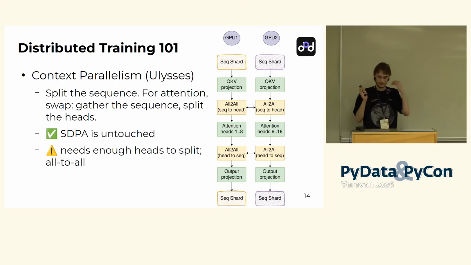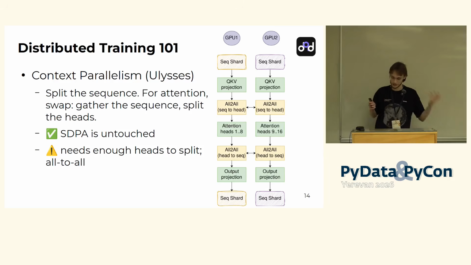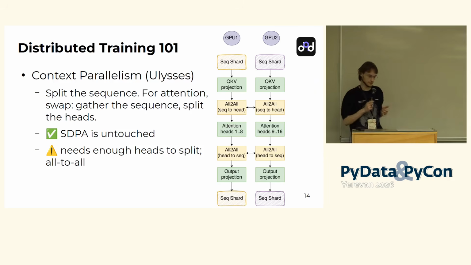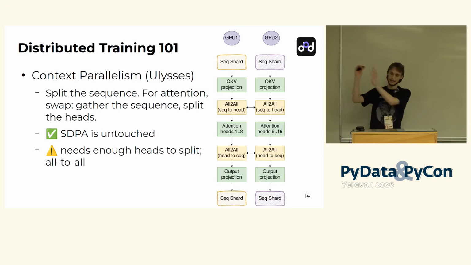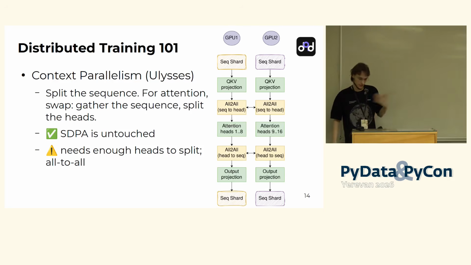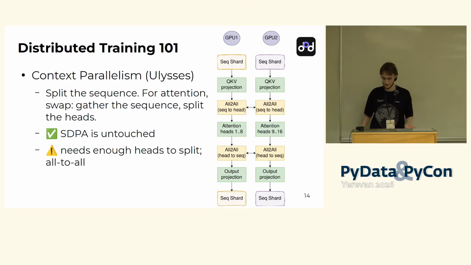We convert the sequence dimension to the hidden state dimension in order to compute attention heads in a distributed way. If you remember how multi-head attention works, it divides your hidden state into parts, and now you can compute each part using different GPUs. Then you reverse that using another all-to-all operation, and that's context parallelism.